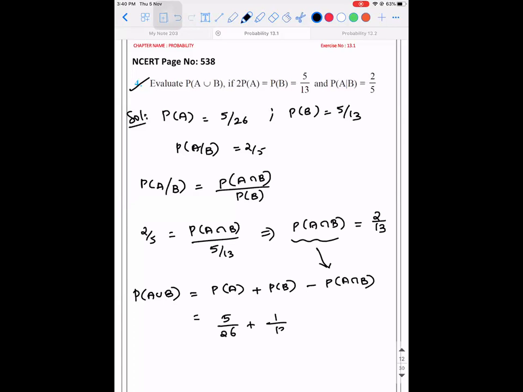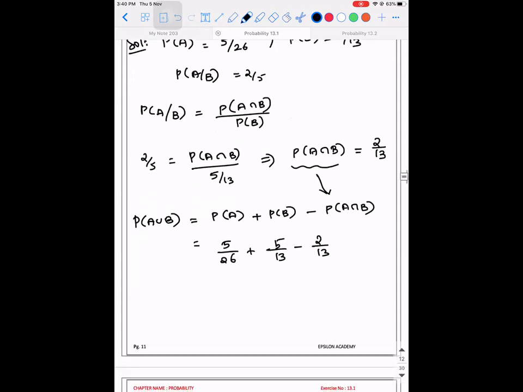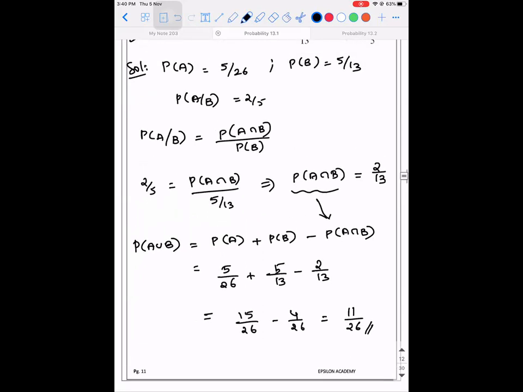Probability of B is 5 by 13 minus probability of A intersection B is 2 by 13. Right? So it is 15 by 26 minus 4 by 26. Sorry, 11 by 26. Right? I hope everyone is clear.